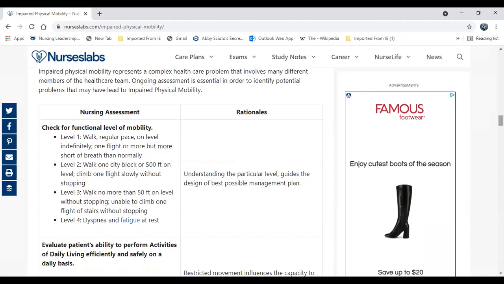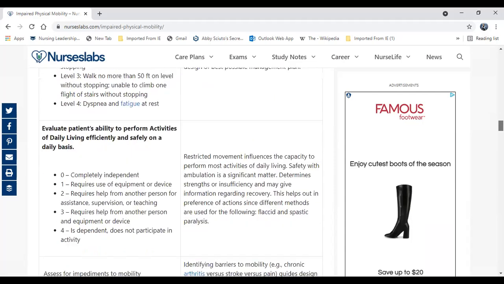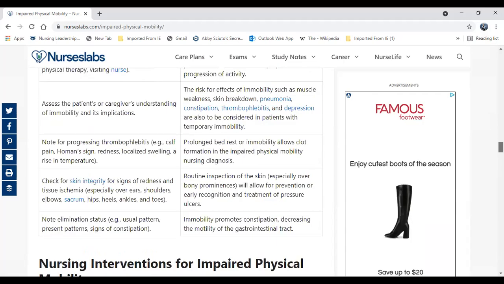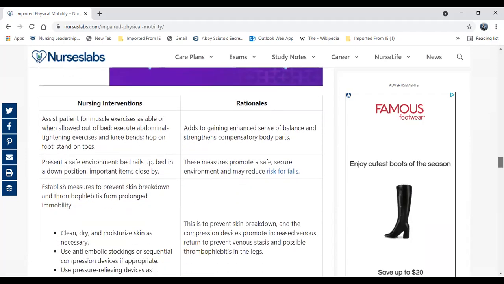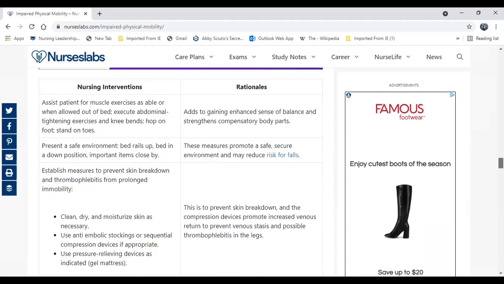Here you have nursing assessments that you can do with rationales. Here's your nursing interventions with the rationales. You need 5. You got 5 at least right here with the rationales.